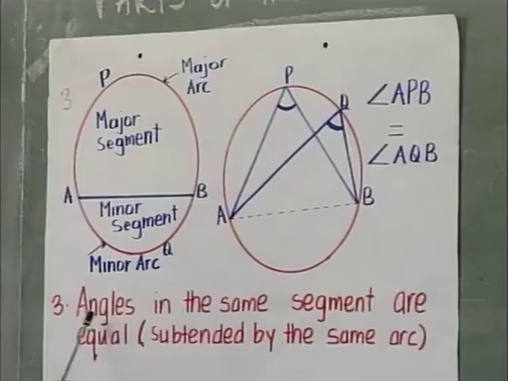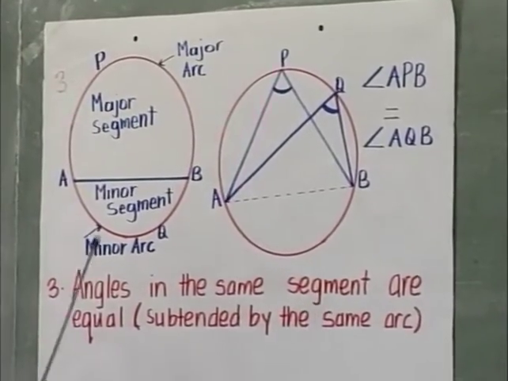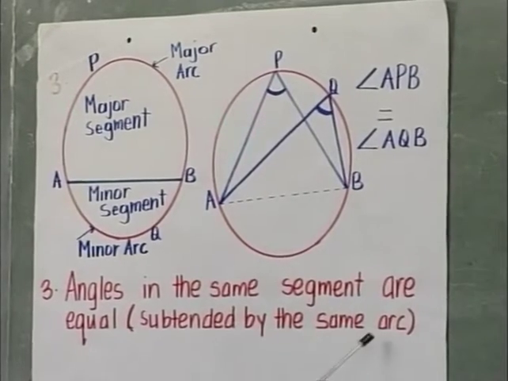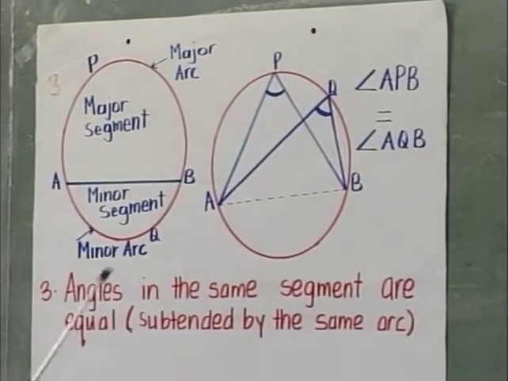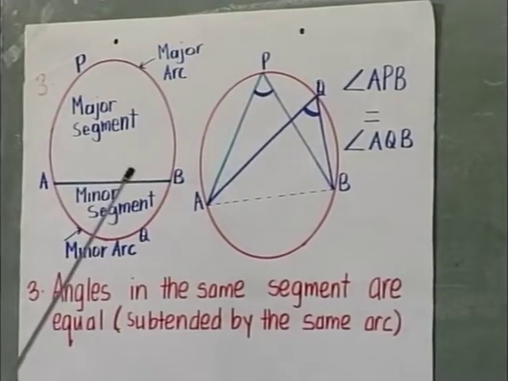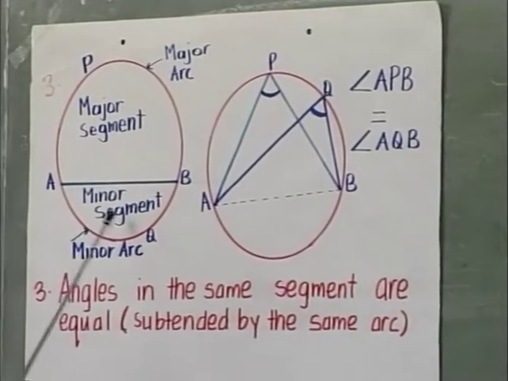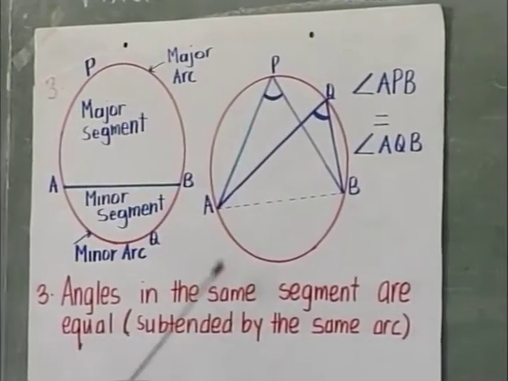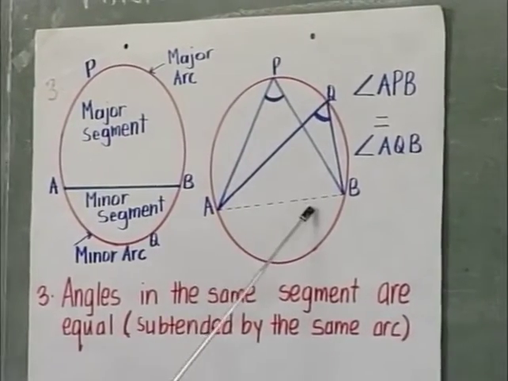Property 3, angles in the same segment are equal. They must be subtended by the same arc. Okay, remember, when you draw a chord, it divides the circle into 2 segments. All right. That property is shown on this diagram.